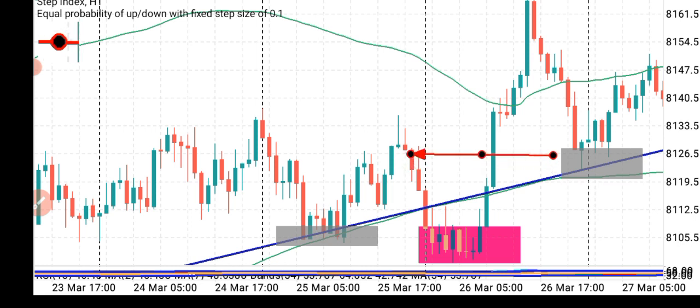Now, another scenario for you to watch out for is the speed with which price breaks out of the trend line. Look here, price came to it with speed, but look at the marketplace around it, then gave us this engulfing candlestick pattern. But look at what happens here.